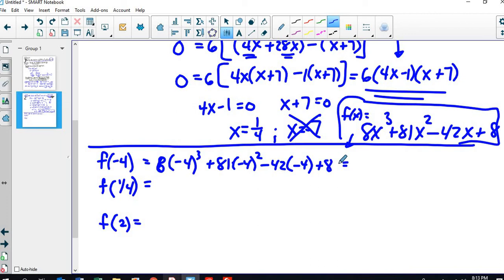You can always have more parentheses than you need, but boy, if you miss a parenthesis, you're going to be in trouble, especially with some of these big calculations that we're doing. And then plus 8, and so you end up with minus 660. That's seriously large, large negatively, I should say. Plug in 1/4 everywhere.